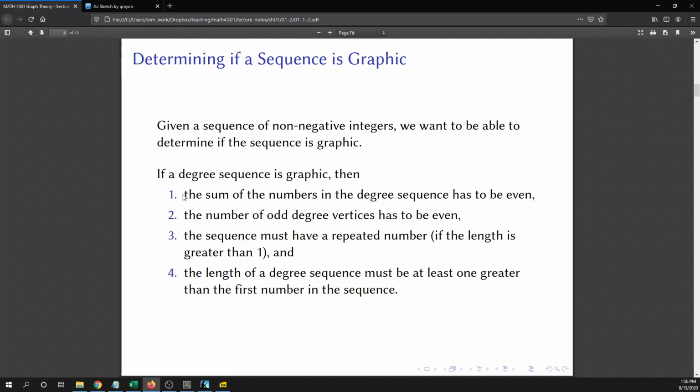The number of odd degree vertices has to be even. The sequence must have a repeated number if the length is greater than 1. And the length of the degree sequence must be at least 1 greater than the first number in the sequence.